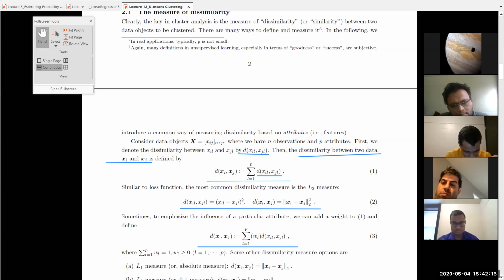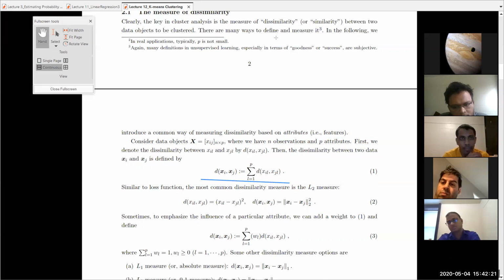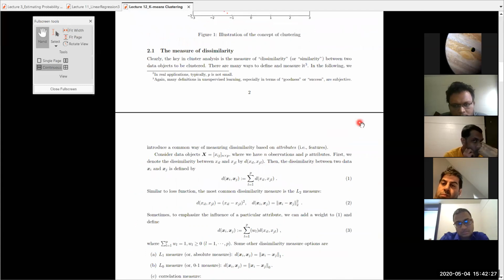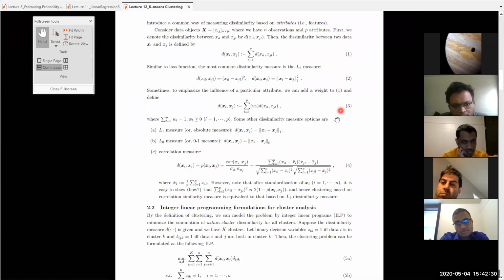Okay, now if we define it this way so that I have the measure of the dissimilarity between two data, the question is, if I don't like the L2 norm, do I have any other options? The truth is yes, you definitely have something else. As we introduced in the beginning of this class for the loss function, you have the L1 loss, which is absolute loss. You also have the 0,1 loss, remember? The same here.